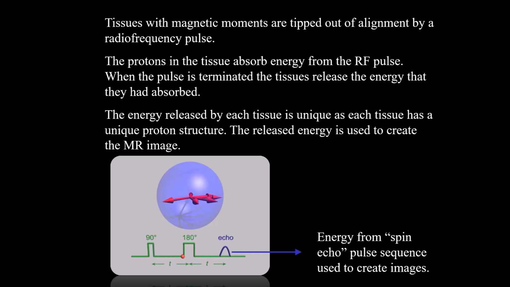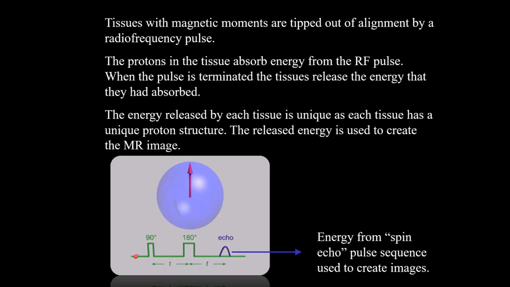So to recap, tissues with magnetic moments are tipped out of alignment by a radio frequency pulse. The protons in the tissue absorb energy from this radio frequency pulse. When the pulse is terminated, the tissues release that energy they had absorbed as free induction decay.